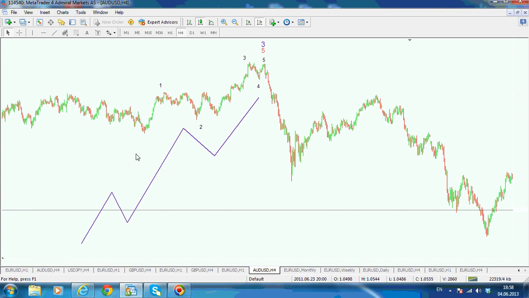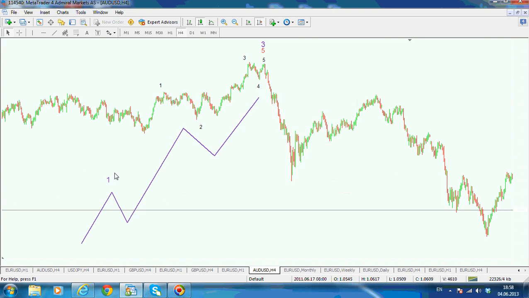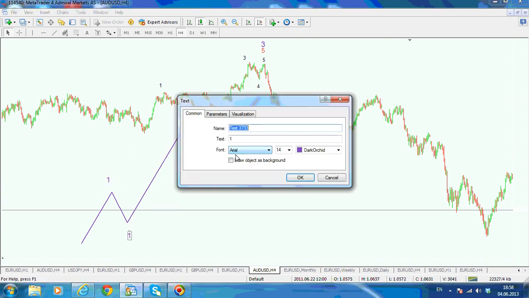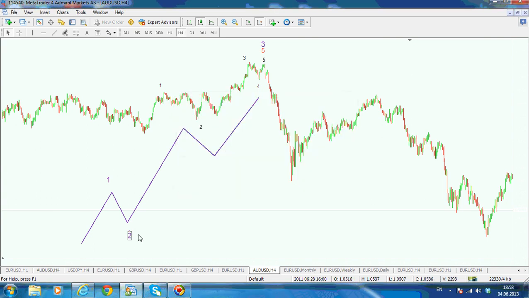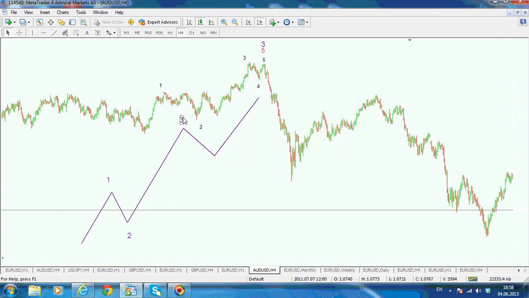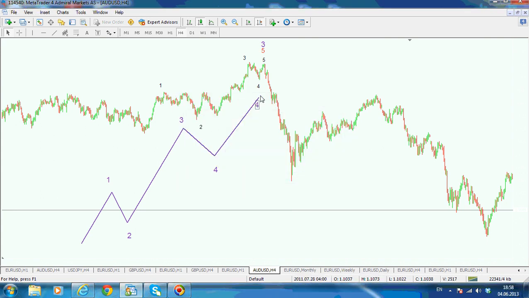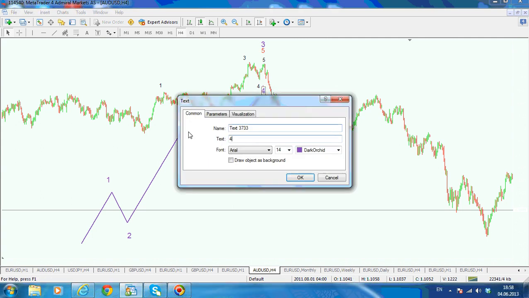So it might be that this is, for example, the first wave of this degree. Then you have a second wave here of the same degree, and a third here, and a fourth here, and a fifth here. So 1, 2, 3, 4, 5.